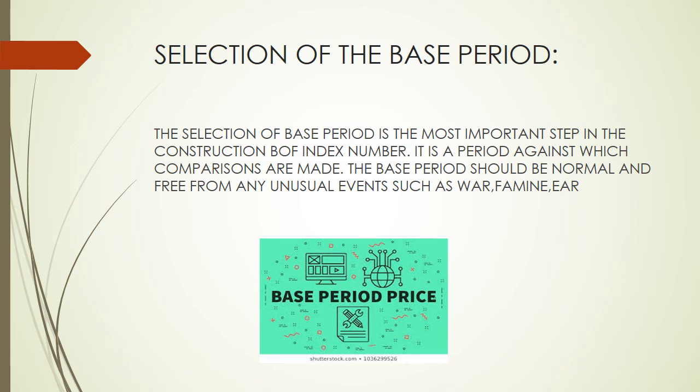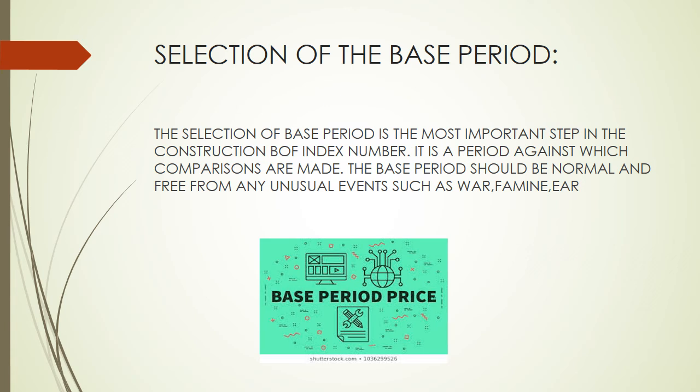The selection of the base period. The selection of base period is the most important step in the construction of an index number. It is a period against which comparisons are made. The base period should be normal and free from any unusual events such as war, famine, earthquake, all those things. So when we want to select a base period, the base period should not be too recent or too old.